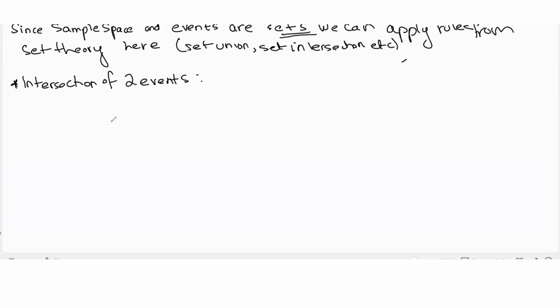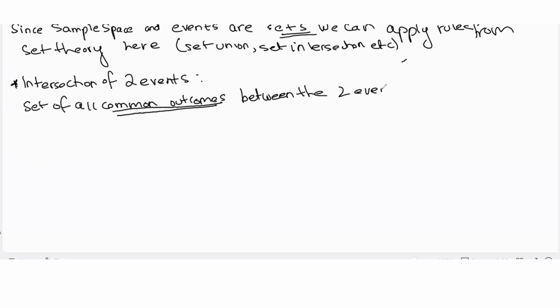Now, an intersection of two events is the set of all common outcomes. So the key word here is common outcomes. Whenever we're looking at the intersection of two events, we get a set of all common outcomes between the two events.